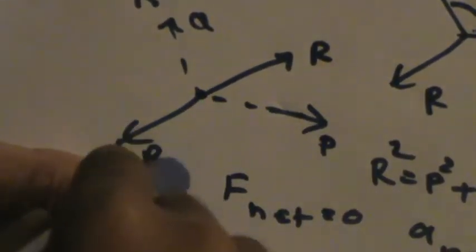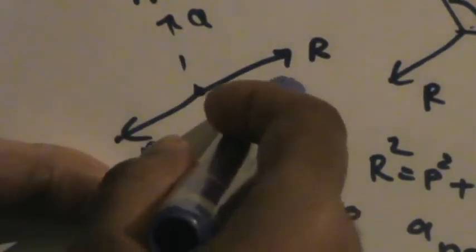The resultant of these two forces is this one, and the third force is this one. This force should be equal but opposite to the resultant of the other two forces. So for an object to be in equilibrium, the third force should be equal and opposite to the resultant of the other two forces.